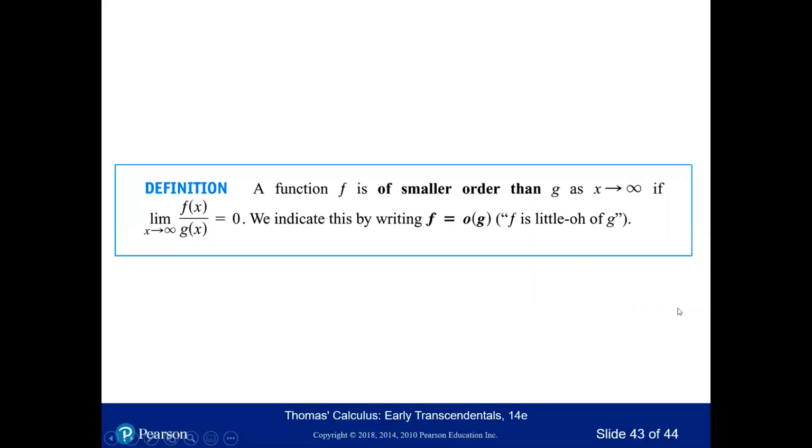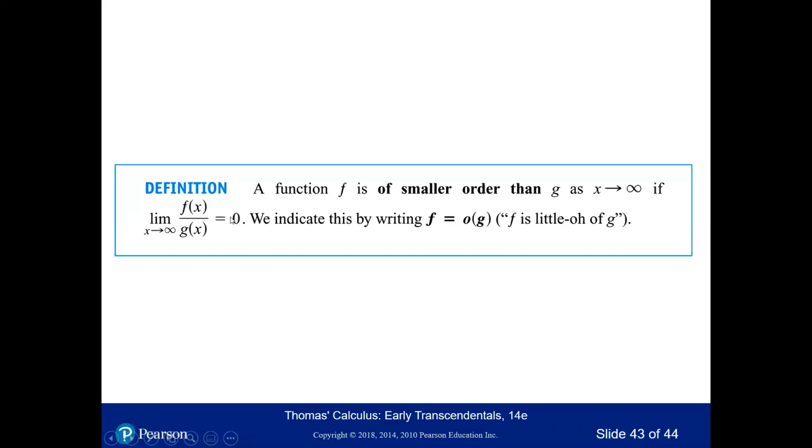All right, here we're going to introduce some notation, and I'm going to show you how to use these two notations later. So first one, a function f is of smaller order than g as x approaches infinity if the limit of f over g as x approaches infinity is 0. So in this case, if you look at what we have here for the limit, we can see that this is 0.